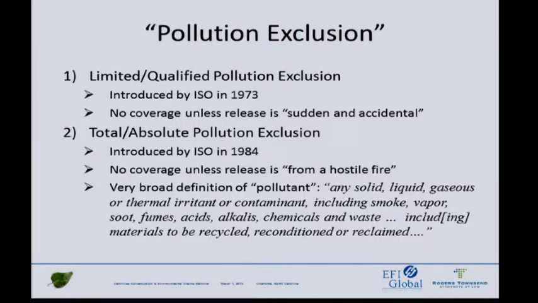The second pollution exclusion provision that came out, ISO put it out in 1984, it's referred to as the total pollution exclusion or the absolute pollution exclusion. And I just want to look at the language there. It's a very broad definition of pollutant. Any solid, liquid, gas, thermal, irritant, or contaminant, smoke, vapor, soot, fumes, acid, alkalis, chemicals, and waste, including materials to be recycled, reconditioned, or reclaimed.